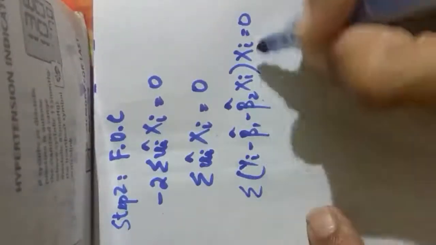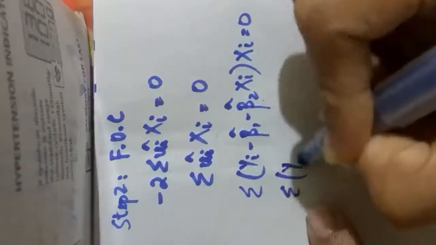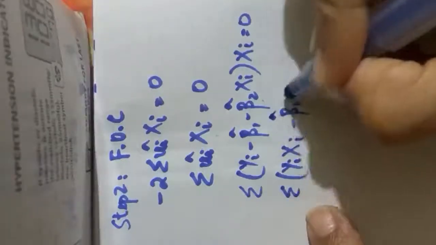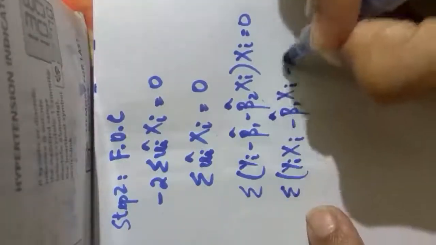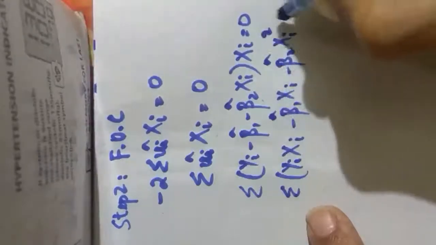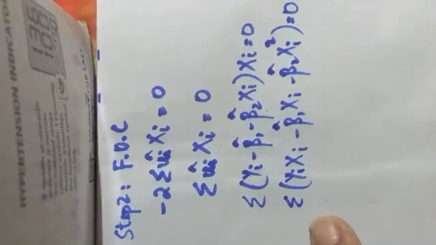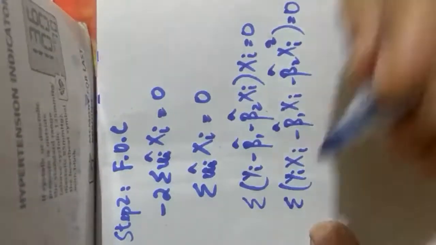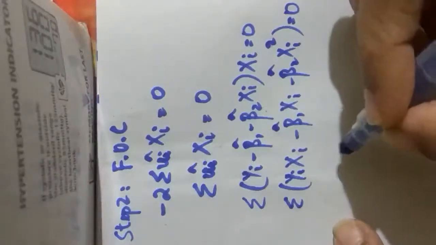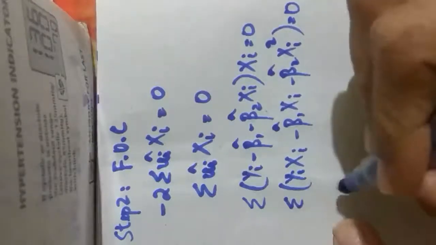Now I can first multiply this and I will get summation yi xi minus beta 1 hat xi minus beta 2 hat xi square, whole equal to 0. If I open the bracket, I have to take the summation sign inside.